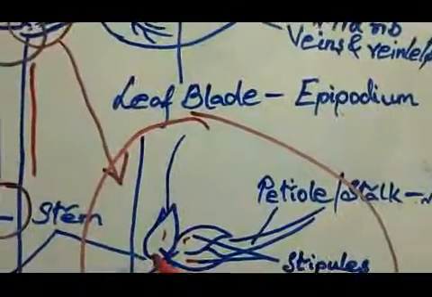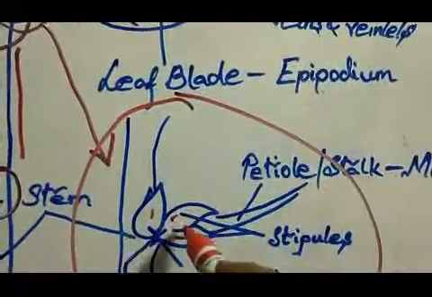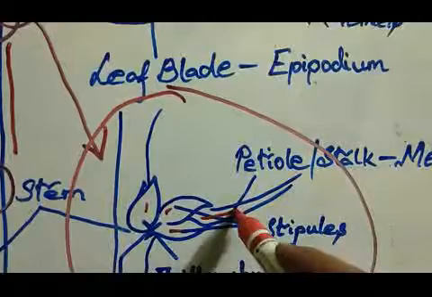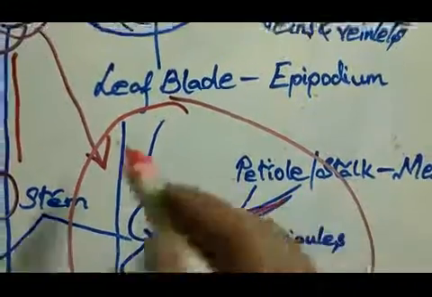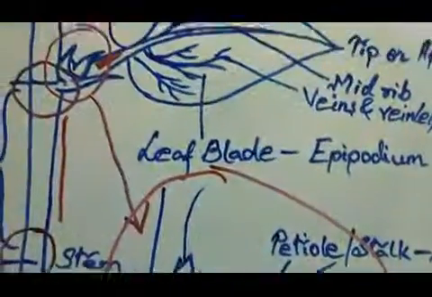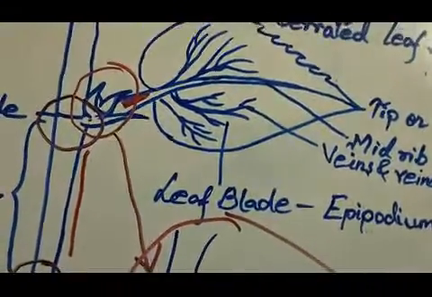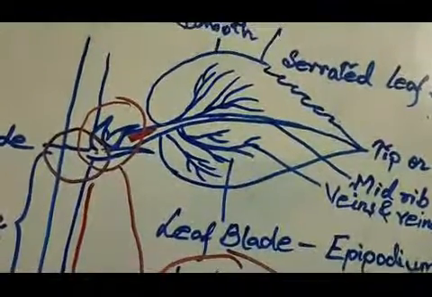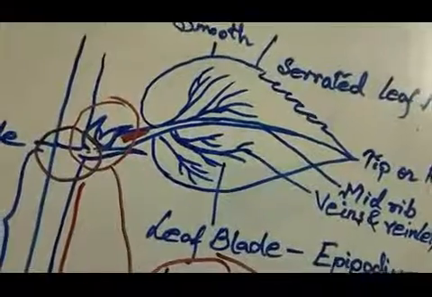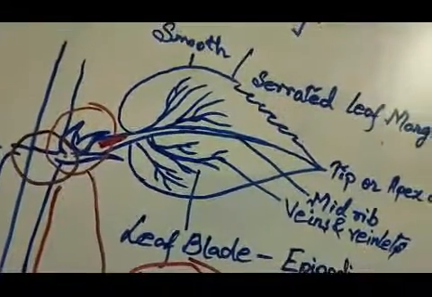After arising out of the node and from the leaf base, you can see here a small cylindrical part, this part. It is called the petiole or stalk, which attaches the lamina or the leaf to the stem. If it is present, the leaf is called a petiolate leaf.